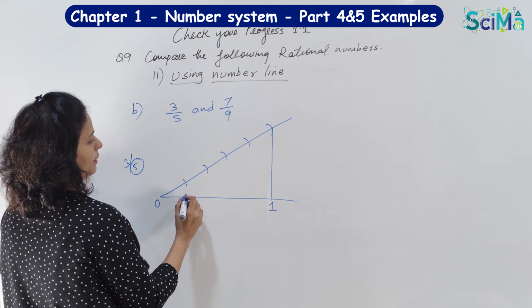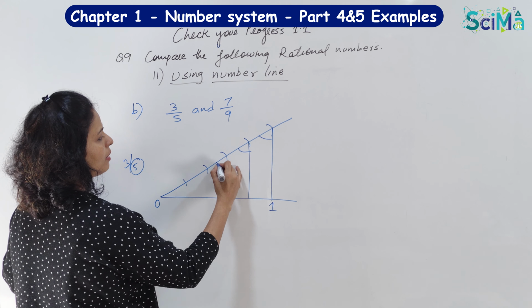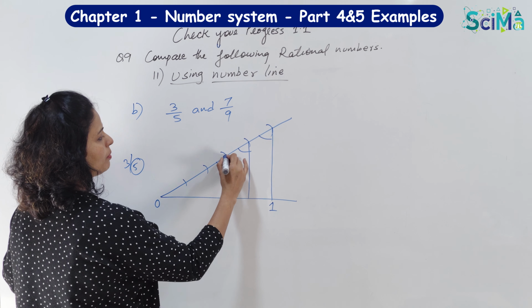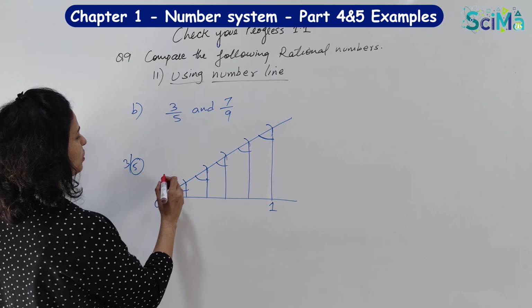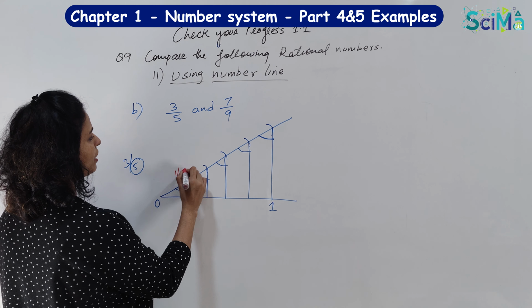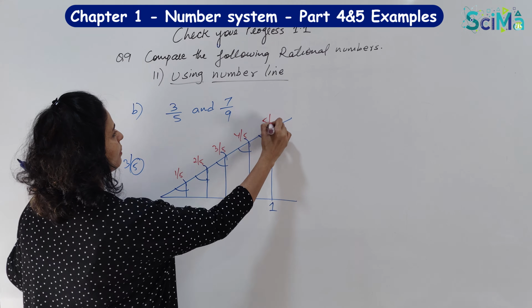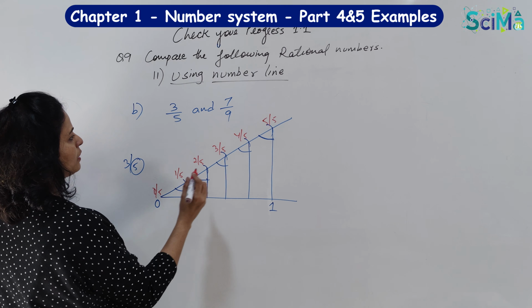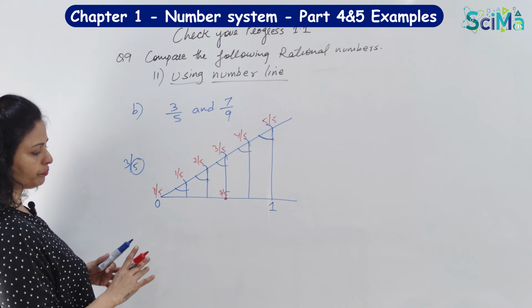Here you take the same arc measurement, and cut here, and then you get this line. So here you get 3 by 5. This is 0 by 5, 1 by 5, 2 by 5, 3 by 5, 4 by 5, 5 by 5. So this is 3 by 5.